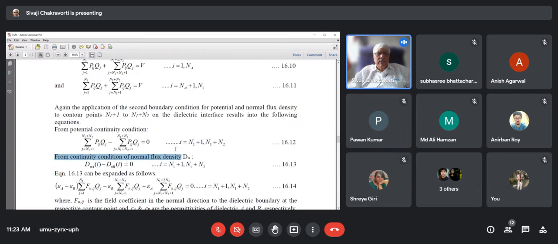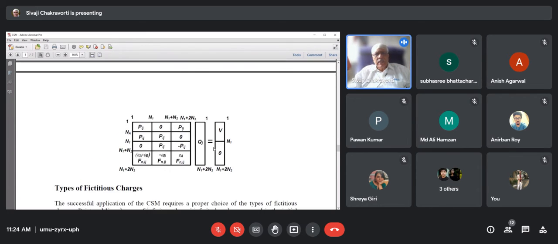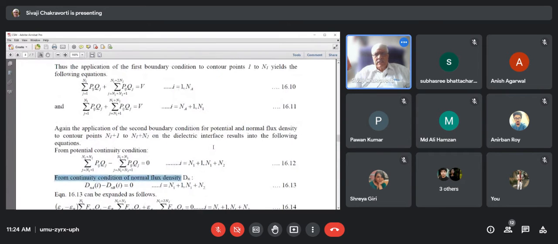If I write it in matrix form, it is a square matrix. So it will be an n by n matrix. Sorry, not n. N is equal to n1 plus 2n2. Now, if I look at the number of rows, 16.10 and 16.11 give me n1 number of rows.